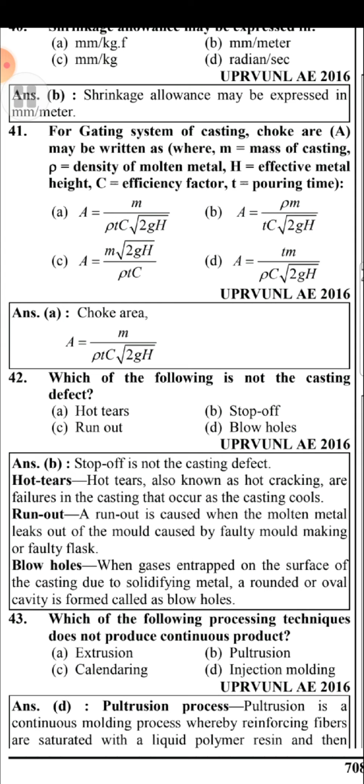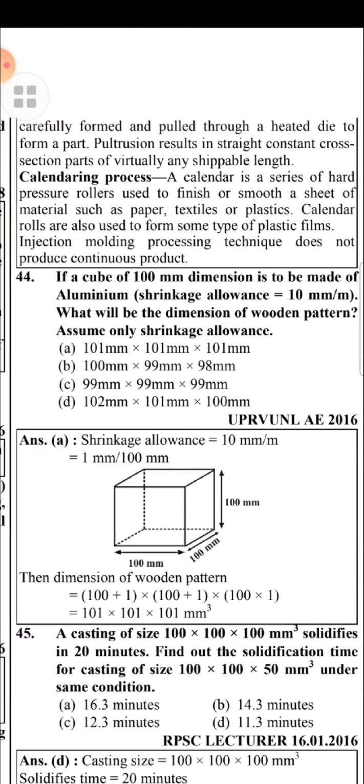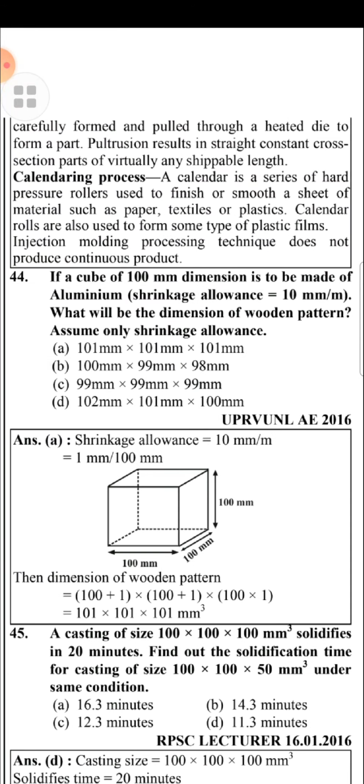Which of the following process techniques does not produce a continuous product? Injection molding. Pultrusion process is a continuous molding process whereby reinforcing fibers are saturated with a liquid polymer resin and then carefully formed and pulled through a heated die to form a part.